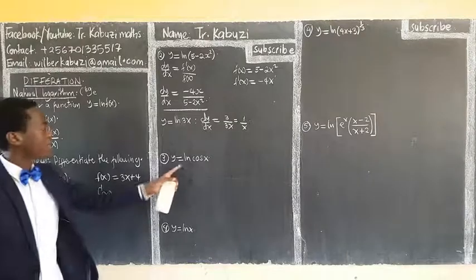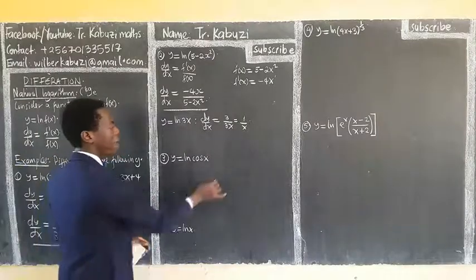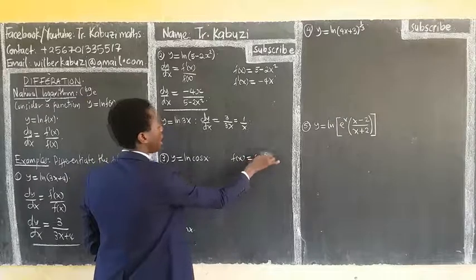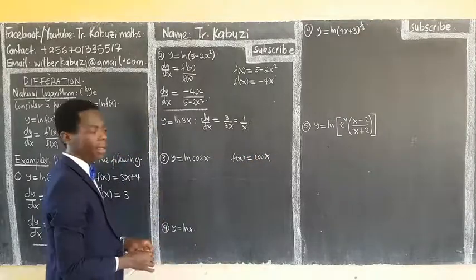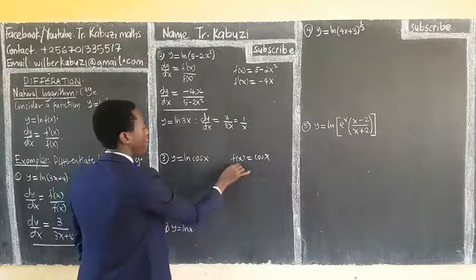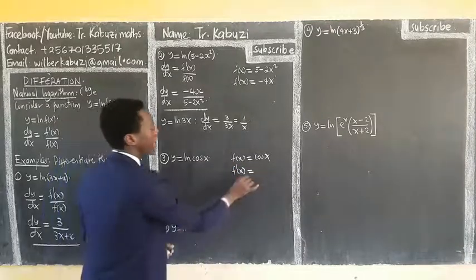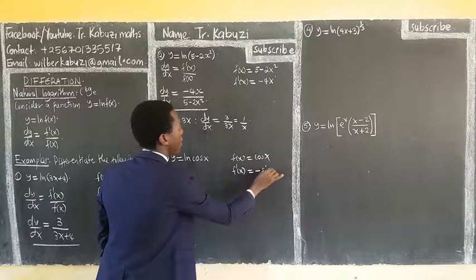Okay, let us come to this now. Our f of x from here is cos x. I need the derivative. My f prime of x, we have seen, when you differentiate cos, you get negative sin x.